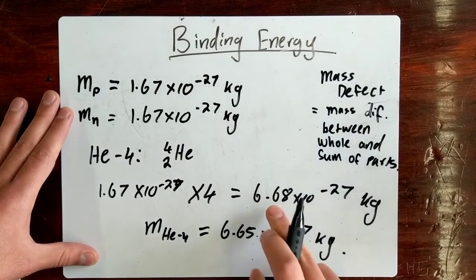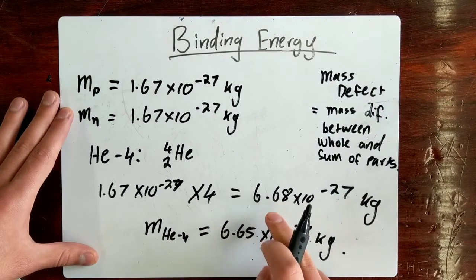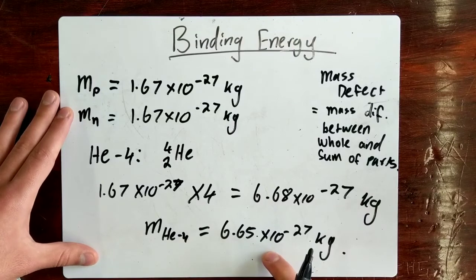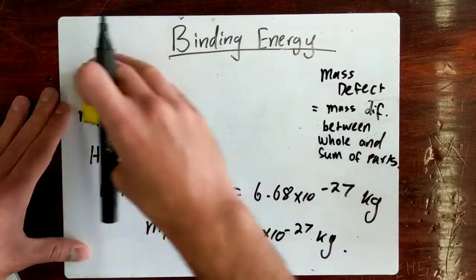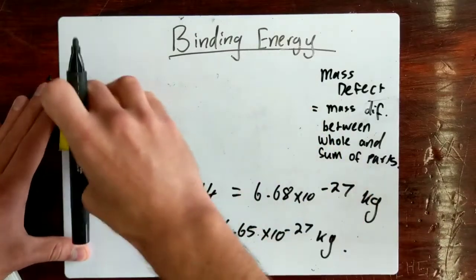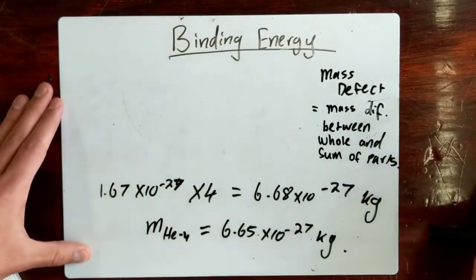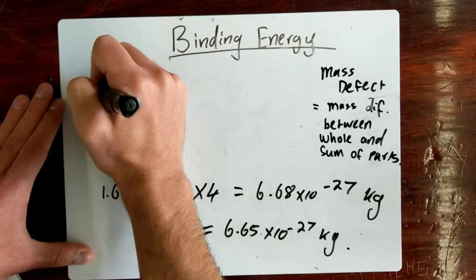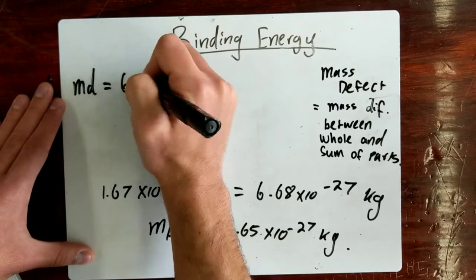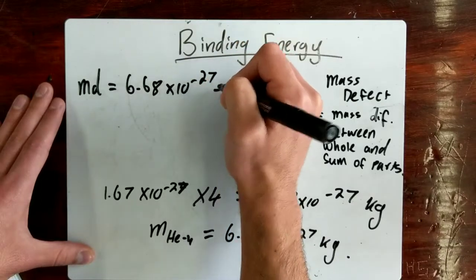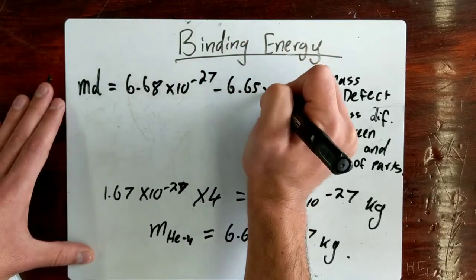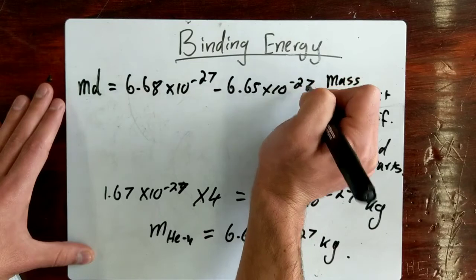So the sum of the parts was 6.68 by 10 to the negative 27. The whole was 6.65 by 10 to the negative 27. What we can then do is calculate what that mass defect is. So I'm going to leave that stuff down the bottom there. We can say that the mass defect here is equal to 6.68 times 10 to the negative 27 minus 6.65 times 10 to the negative 27.